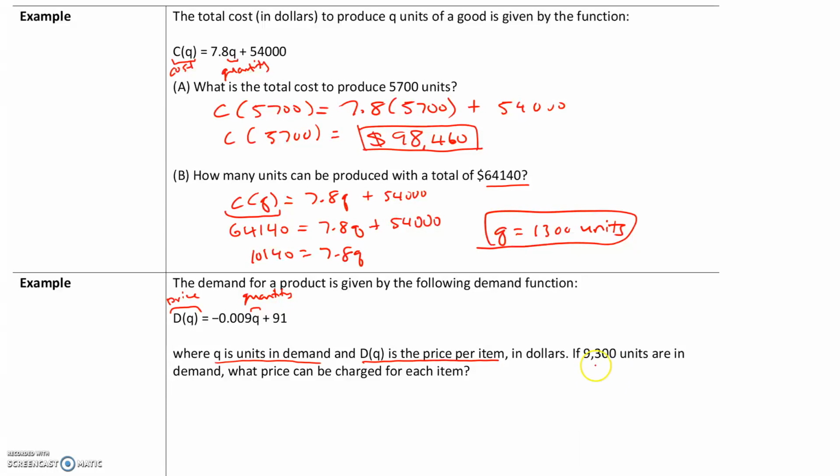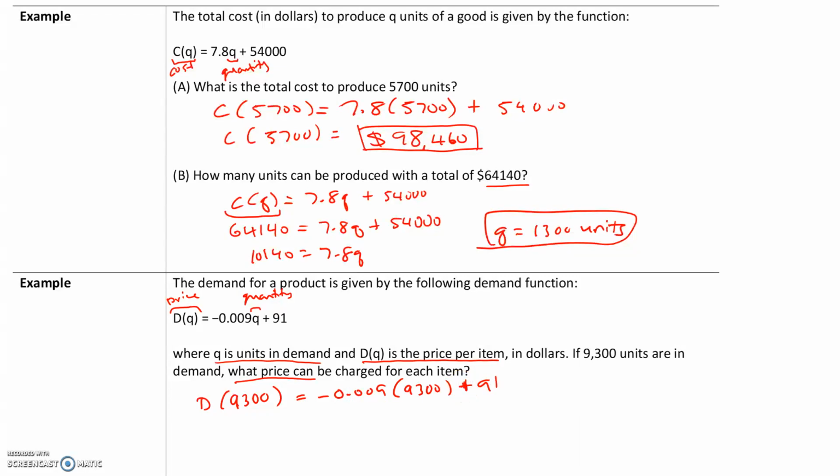So this is the quantity. Where does the quantity go? The quantity replaces the Q variable. And D of Q is the price. That's what we're looking for. We're looking for what price can be charged. So D of 9,300, this gives us the price for 9,300 units, is equal to negative 0.009 times 9,300 plus 91.